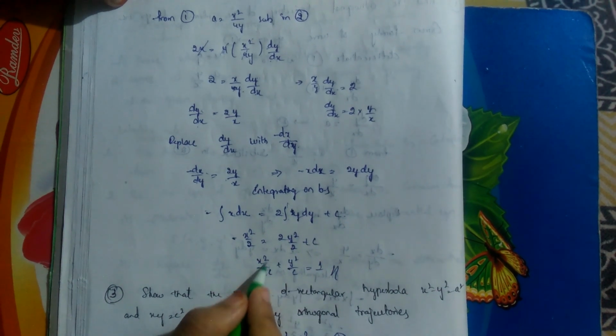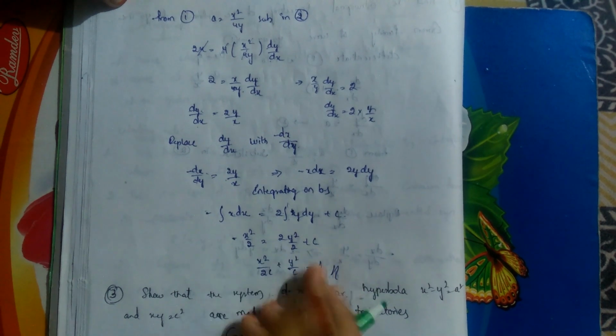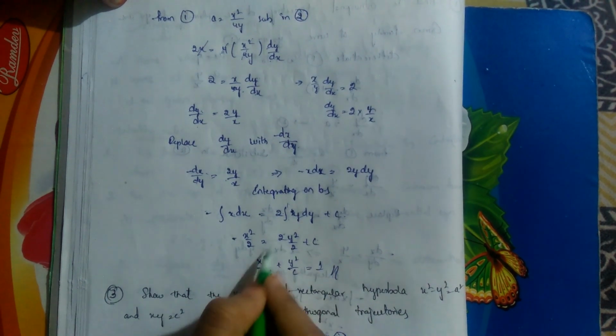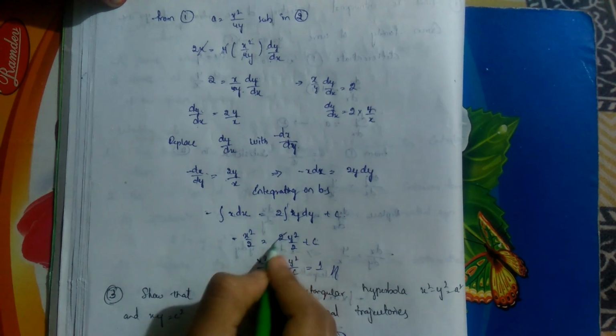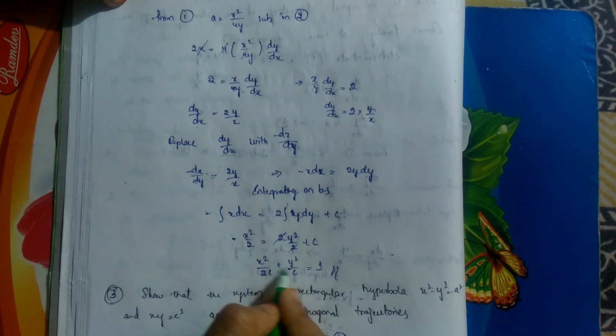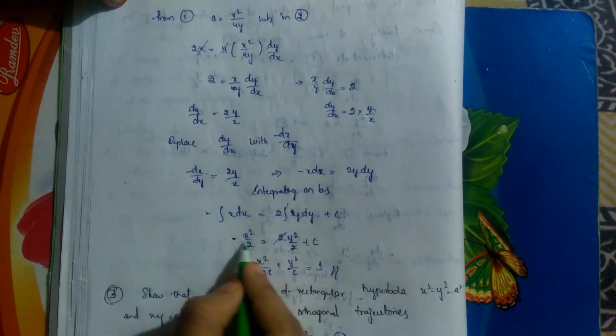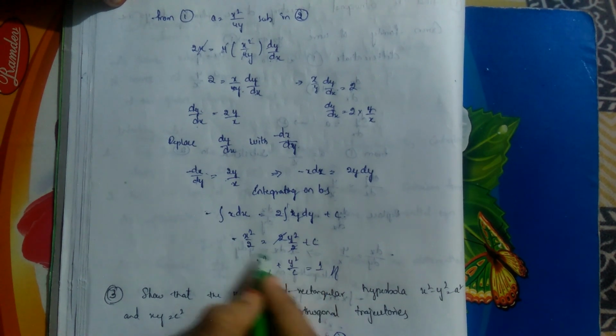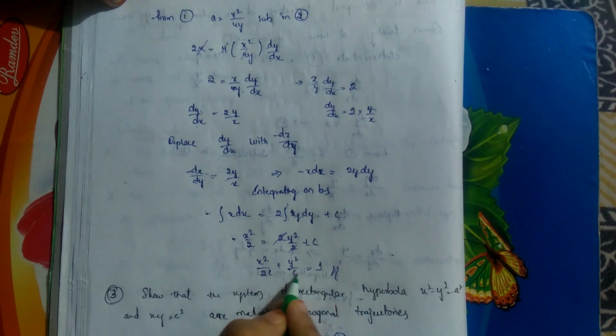Now send this y square to the left hand side, we get minus y square, but when we multiply with minus it becomes plus, and this c can be sent to the left hand side and it goes into the denominator. You get x square by 2c plus y square by c is equal to 1.